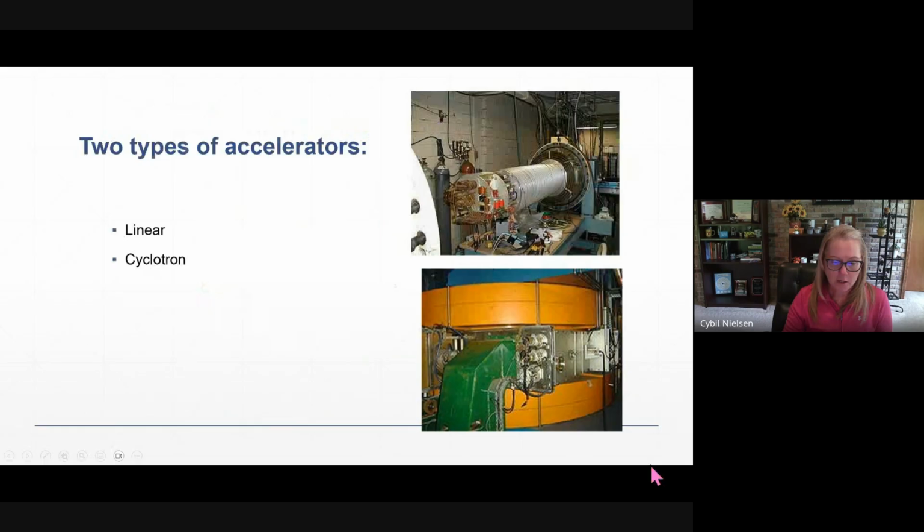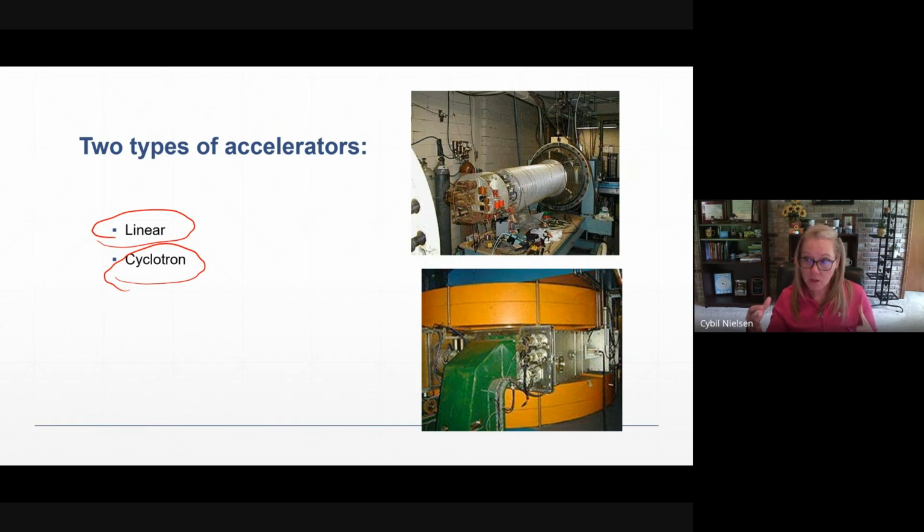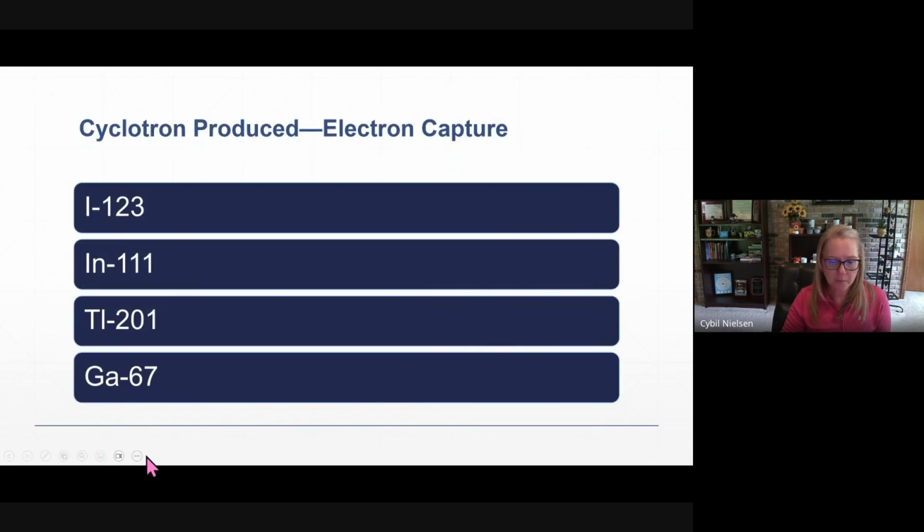Okay, so again, two types. Linear is what's used in radiation therapy. Cyclotron means circle, and a cyclotron today is about the size of a walk-in closet. So it's pretty big, but it's not as big as you might think.